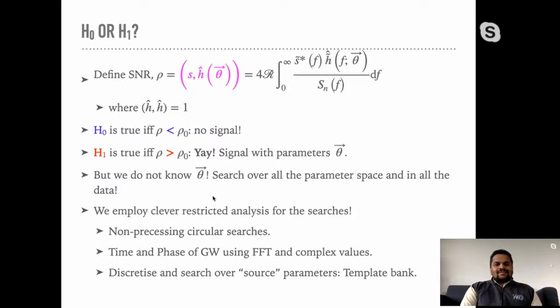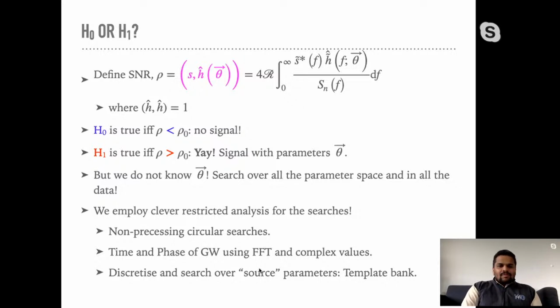So I, in principle, have to search over all the possible parameter space, or all the possible parameters which we are looking for. These are just some details: you currently search for non-precessing or just aligned spin cases using circular gravitational waveforms. There are various reasons why we do that, and we are not going into those because that will become even more technical.